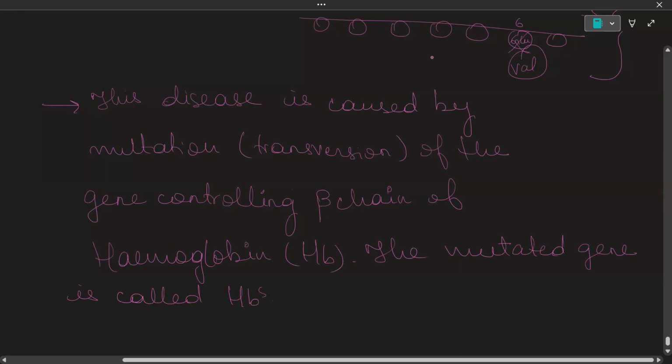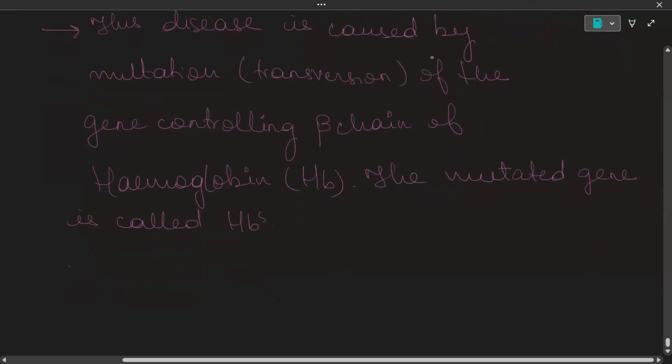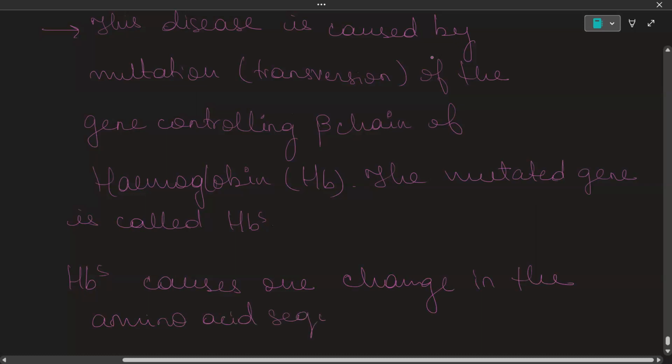Okay. Now, because of this mutated gene, the HBS causes one change in the amino acid sequence of the beta chain. Okay, so it actually changes the amino acid sequence.